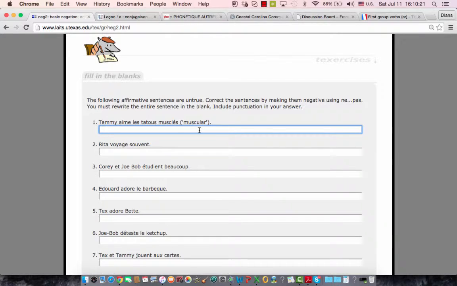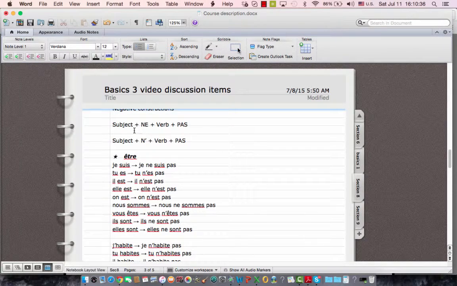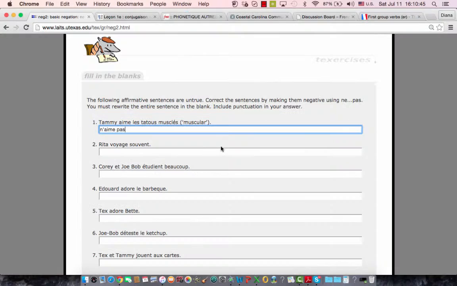Now we know that the verb aimer starts with a vowel. N' apostrophe, aime, pas. Just like in the structure previously, subject, Tammy, n'aime pas. Tammy n'aime pas les tatous musclés.